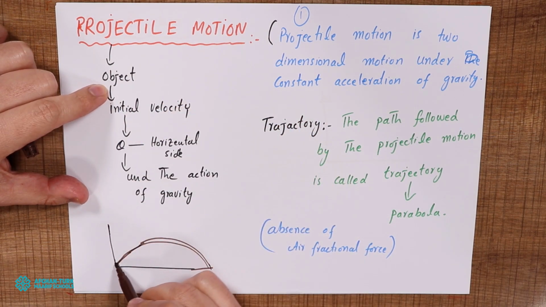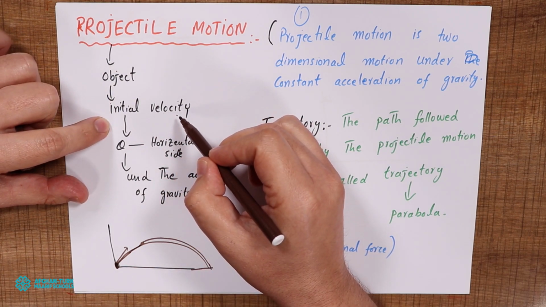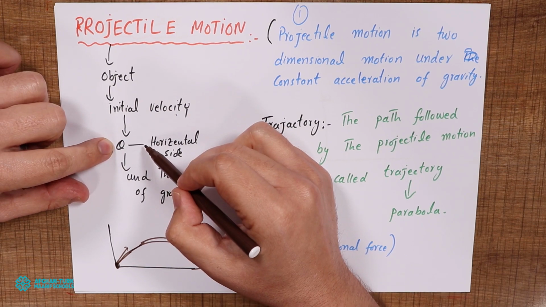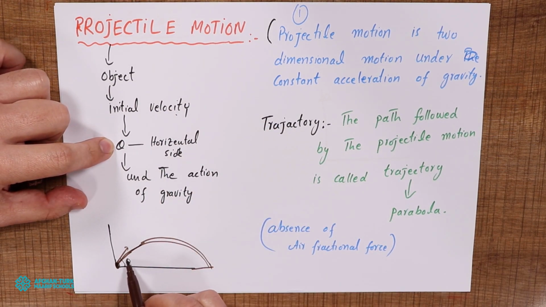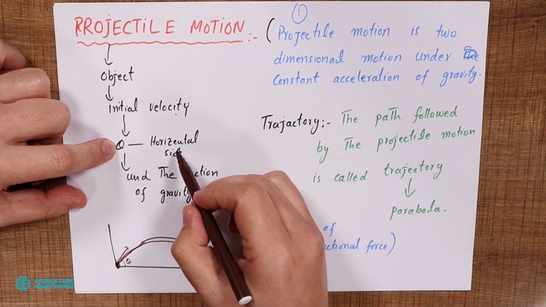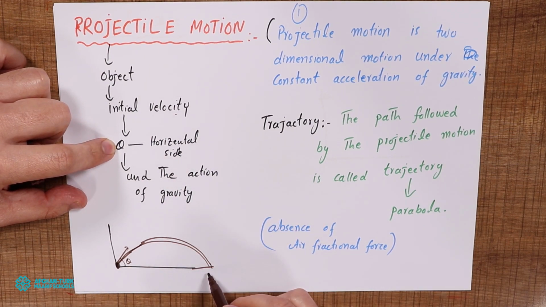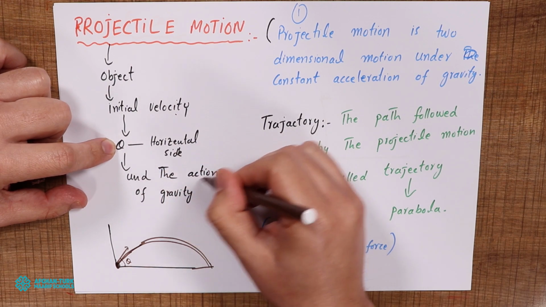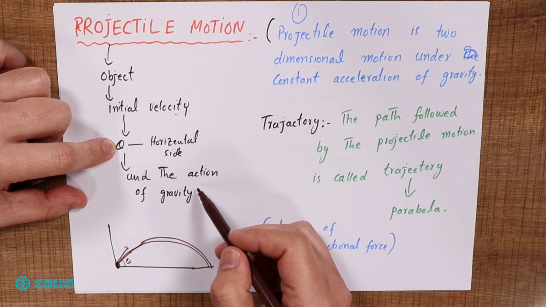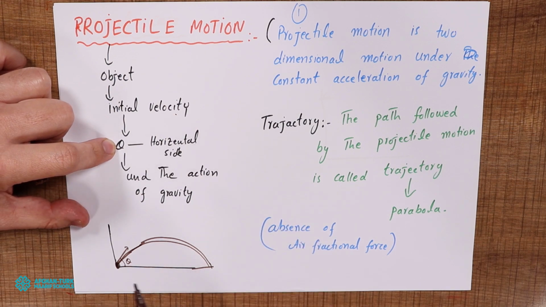The object makes some angle, denoted by theta, with the horizontal side. So under the action of gravity, or constant acceleration, this is called projectile motion. Throughout this motion, the acceleration due to gravity will be constant.